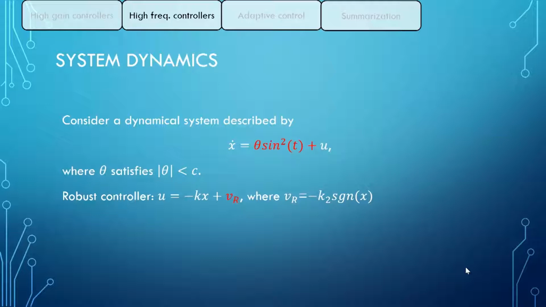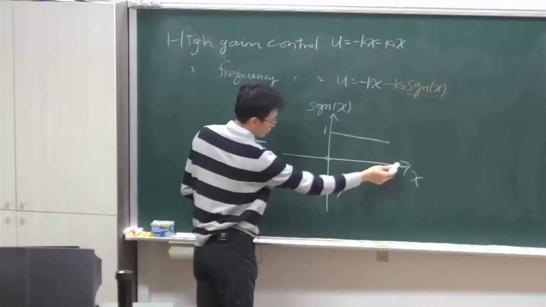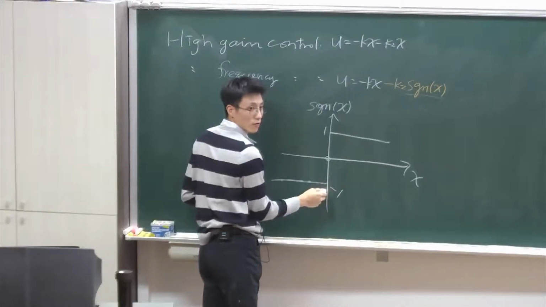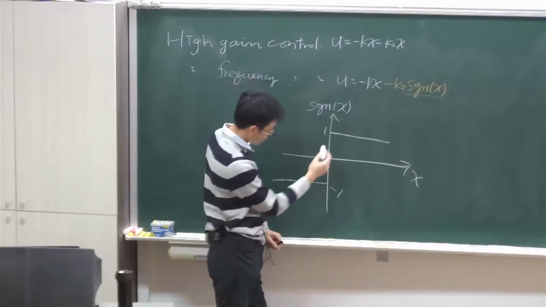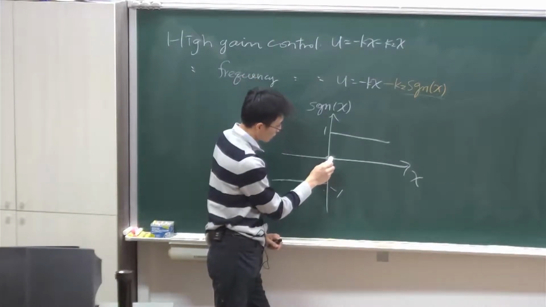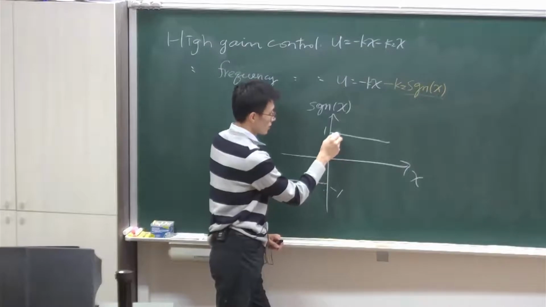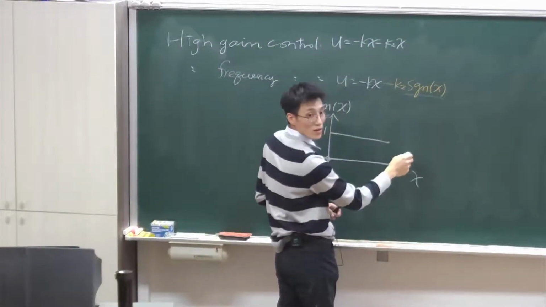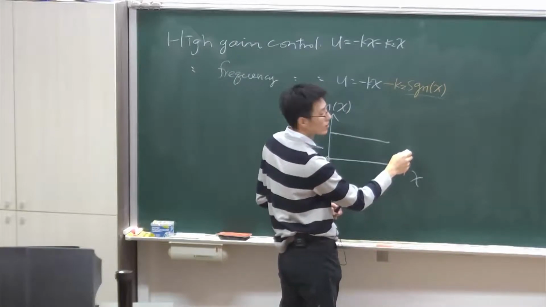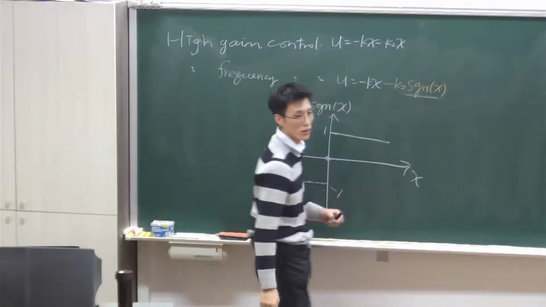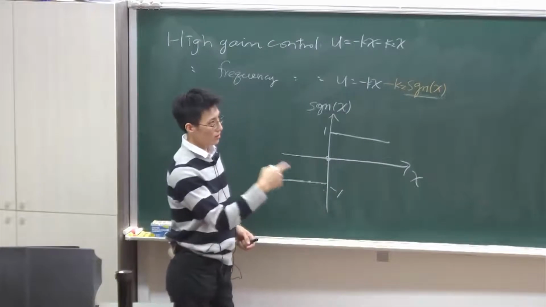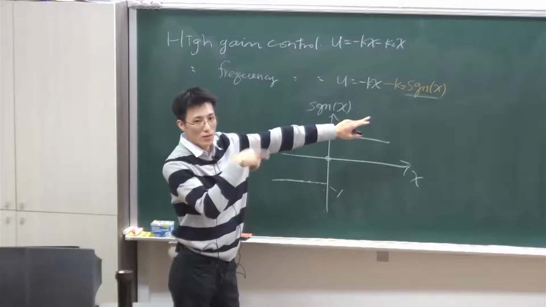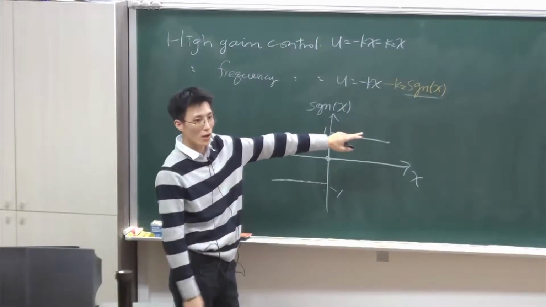When it's around 0, sine x is between 1 and minus 1. When you are a little bit on the right hand side of 0, it's 1. Otherwise it's minus 1. So it switches between 1 and minus 1. As it gets close to the origin, the frequency will change very rapidly. That's why it's called high frequency.